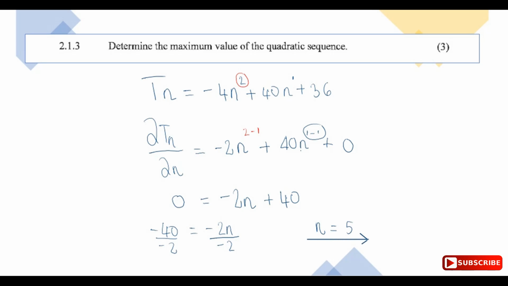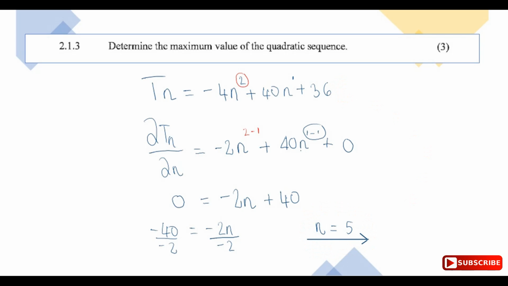The question says determine the maximum value of this quadratic sequence. So this tells us that the maximum value of this quadratic sequence is in the 5th position. So we're simply going to take this n, which is equal to 5, and substitute it back into this equation to get that value of our maximum value that is in our quadratic sequence.